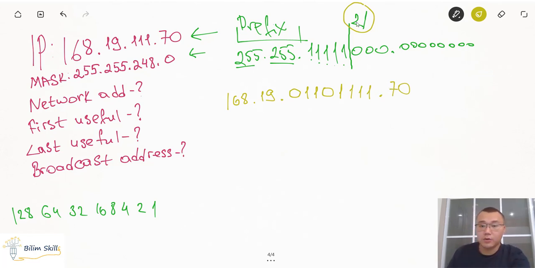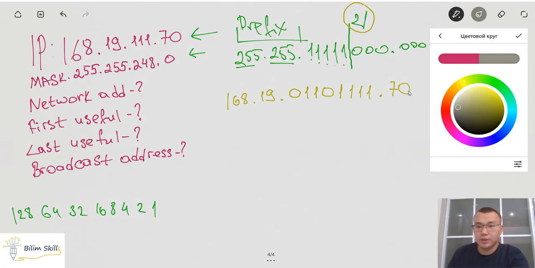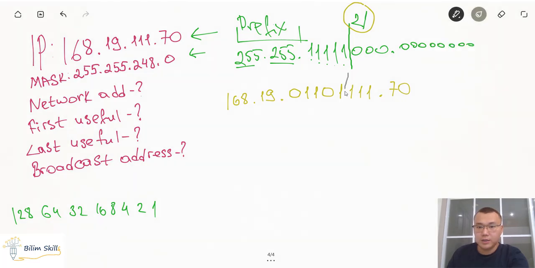Our prefix is located here in the third octet, so let's find its place: 8 plus 8 is 16, 17, 18, 19, 20, 21. Here is our prefix, 21.